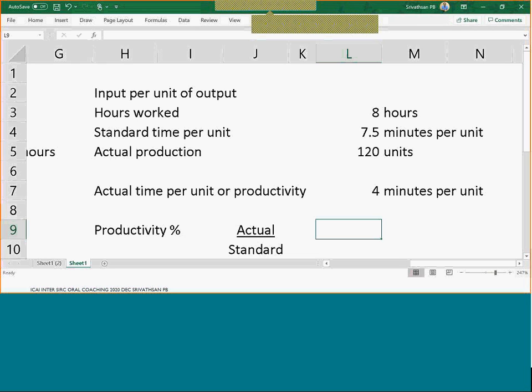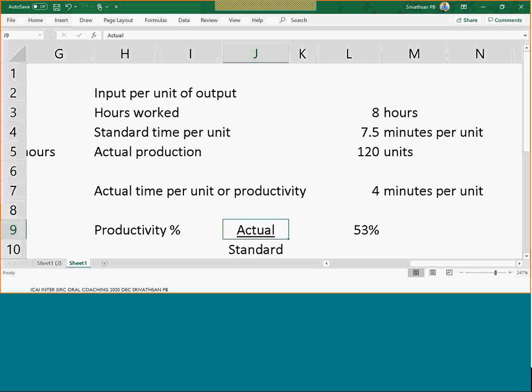They are expected at 7.5 minutes per unit. They are doing better, taking only 4 minutes per unit. On actual by standard, what will happen? See, my actual is 4 divided by standard, so less than 100% productive?